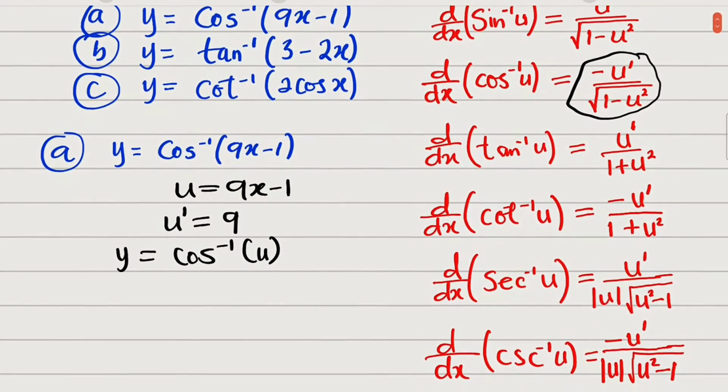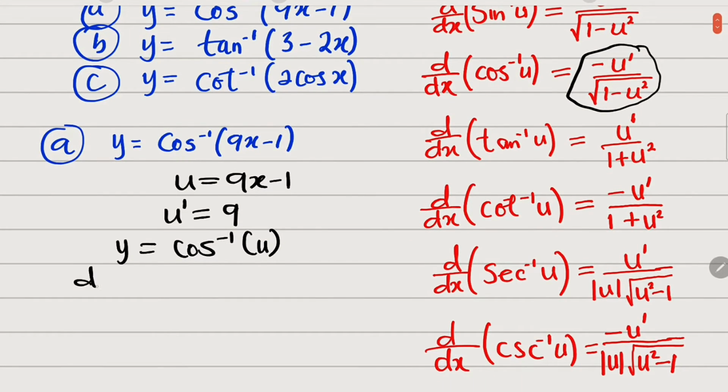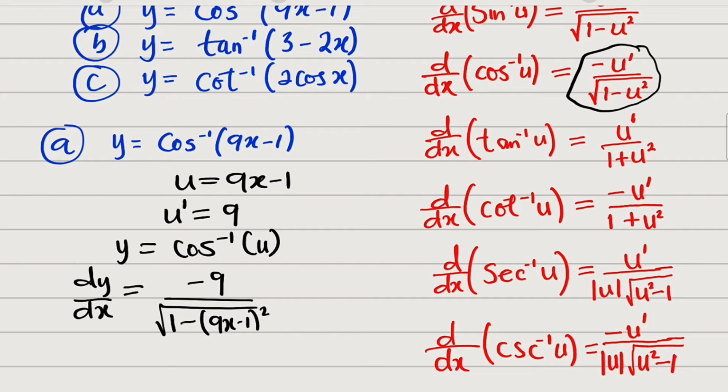So let's substitute. dy over dx will now be equal to negative u prime, and our u prime is 9, so we have negative 9, divided by the square root of 1 minus u squared, and our u is 9x minus 1, so we have 9x minus 1 all squared. And this is the derivative of inverse cos of 9x minus 1.